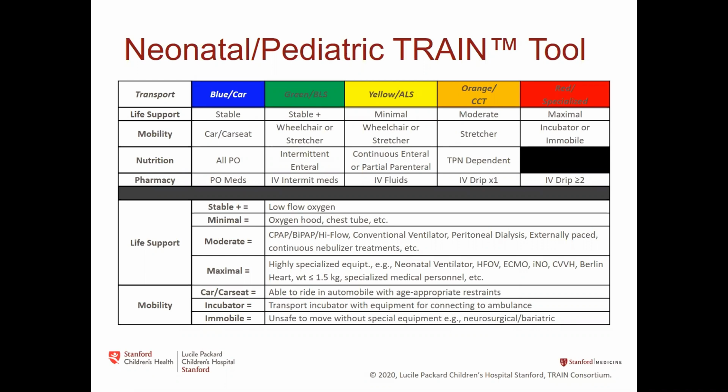If they meet the need for a specialized transport resource in any domain, then they need a specialized transport resource. There's no math, there's no calculation, there's no ordering blood gases or platelet counts. It's very simple. And because it is so simple, and because it is based on resource use, the EMR can do this automatically. Your hospital EHR or EMR knows exactly what resources your patient is using. Next slide, please.